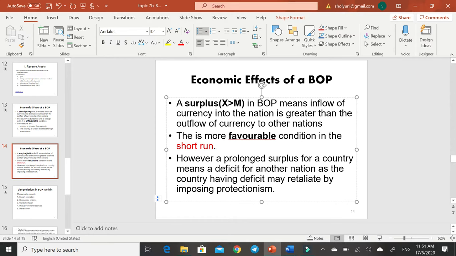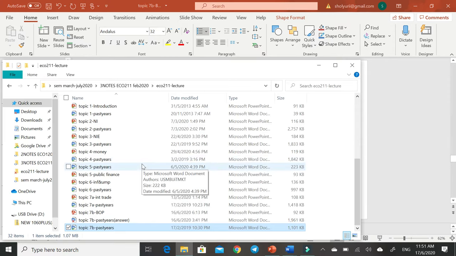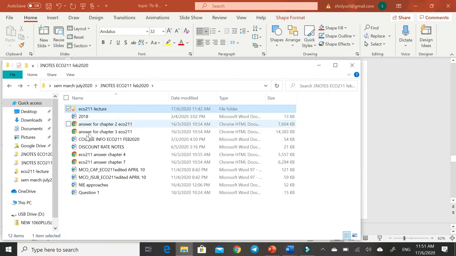Okay, if you cannot, you can basically refresh back, okay, about the equilibrium in international trade. I already explained to you about this. Okay, let's see if I have the notes on this.